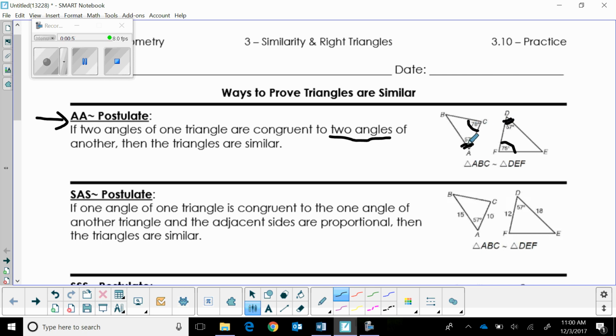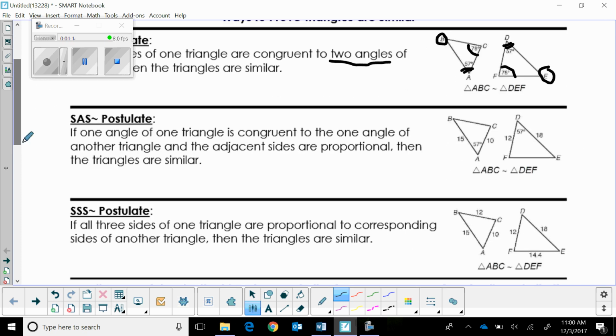So we can see that two of the angles are congruent. Well, we can use angle-angle for this one. And the reason is we know that B and E, these other two angles, would have to be congruent because the third angle has to be congruent if the first two are, because we only have 180 degrees in a triangle.